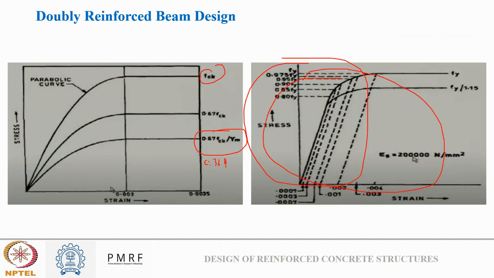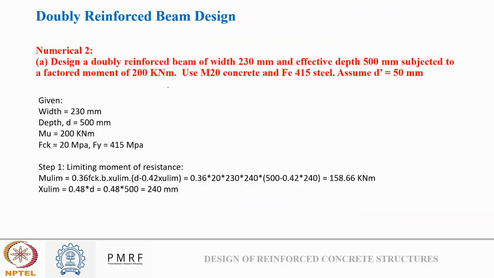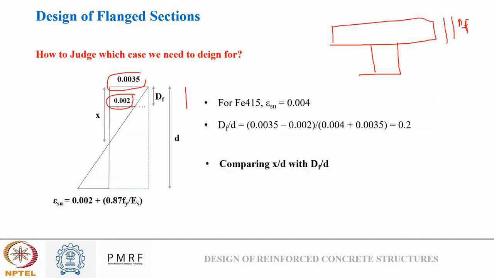So when I talk about uniform stress, my strain is varying from 0.002 to 0.0035. So suppose I am assuming my Df is this only, the limiting case. Okay. So how will my strain diagram look like? My strain diagram will look like this. So I know Df is this part, d is the total depth, this is 0.0035, this is 0.002.